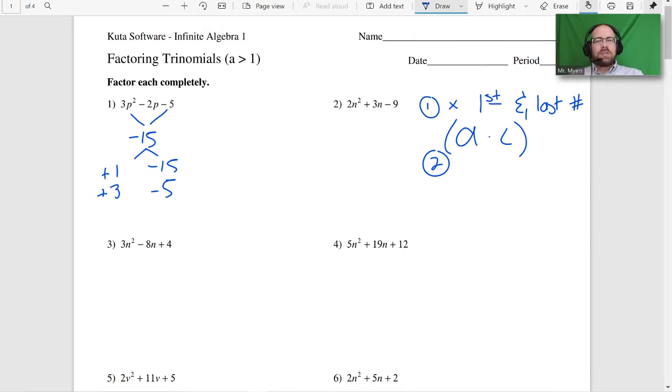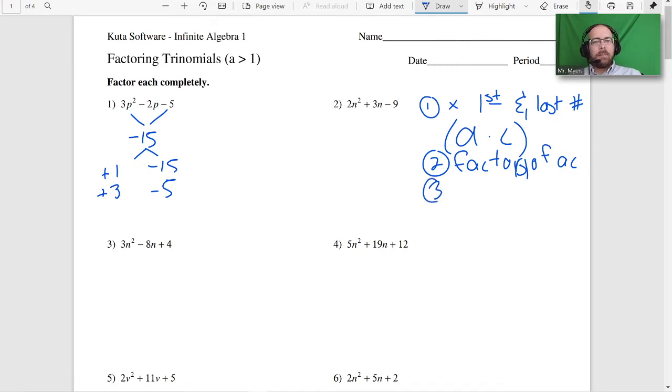If you see me say ac, I'm talking about the step 1 product. Step 2 is factor time: we want factors of ac, and that's what we did.